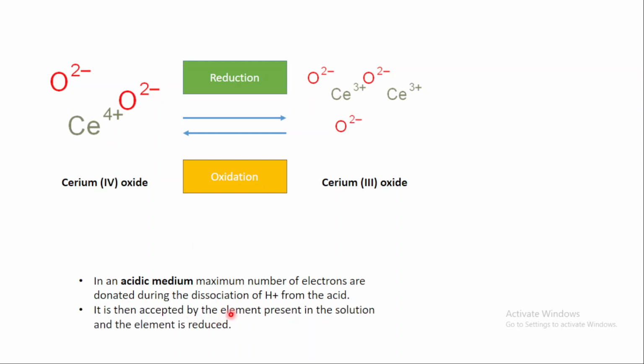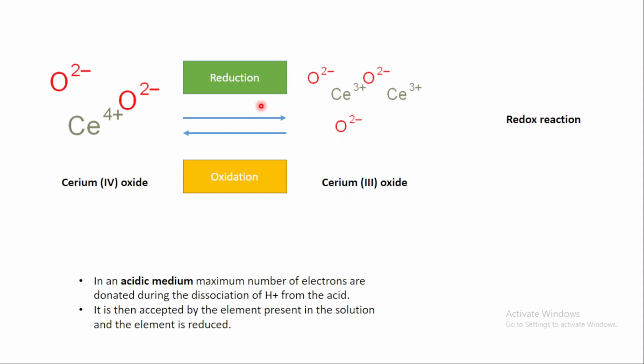Now these electrons will be taken up by Ce4 plus, converting it into Ce3 plus. It is accepted by the element present in the solution and the element is reduced. So in an acidic medium, an element will get reduced due to accepting electrons. So Ce4 plus will accept one electron and then be converted into Ce3 plus by the process of reduction. These kinds of reactions are called redox reactions, in which reduction as well as oxidation happen simultaneously.